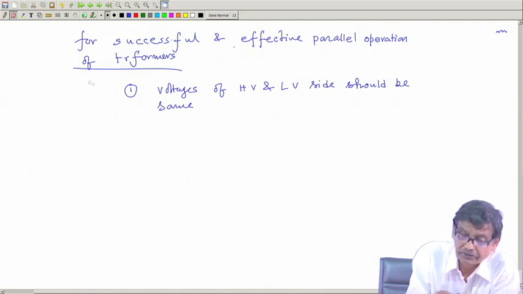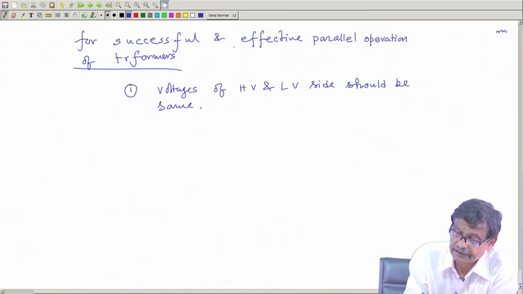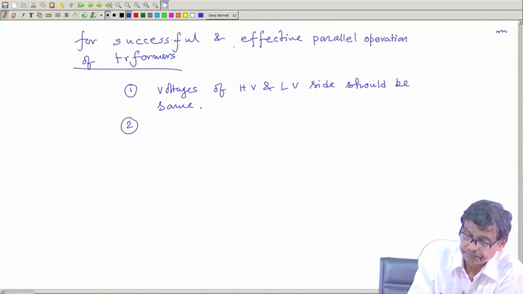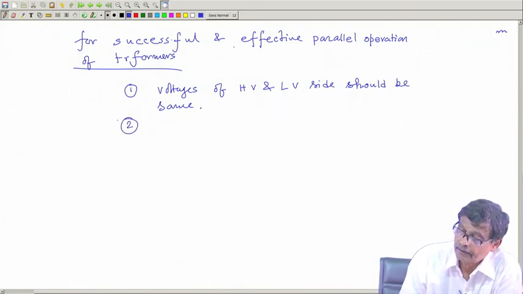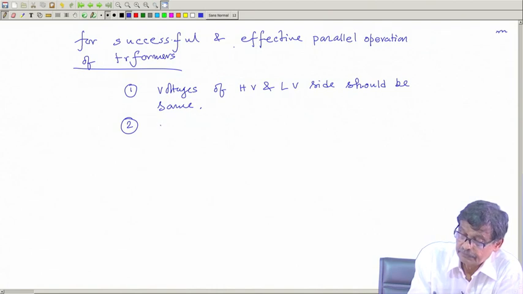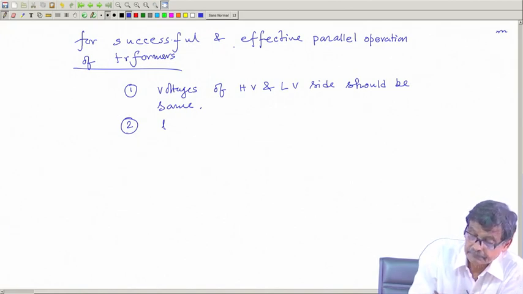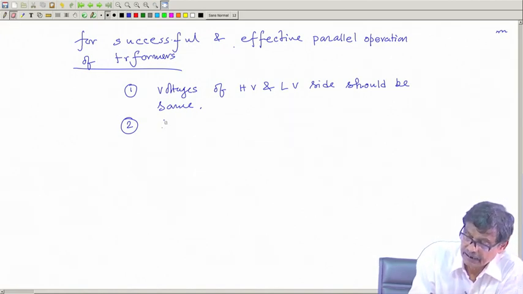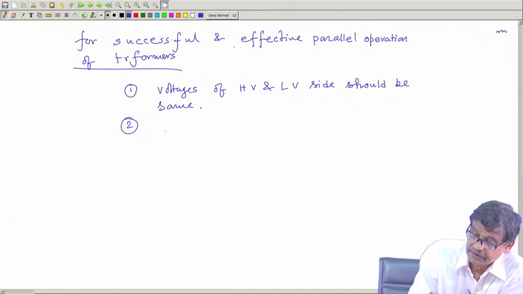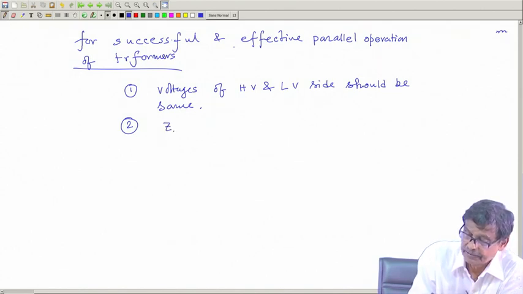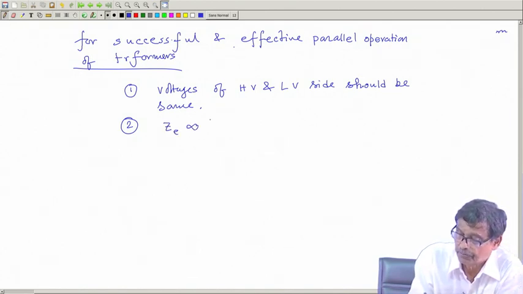Let us not complicate the issue. This is the thing. Second thing is leakage impedances. I am writing in short. Leakage impedance in ohms should be inversely proportional to their KVAs.